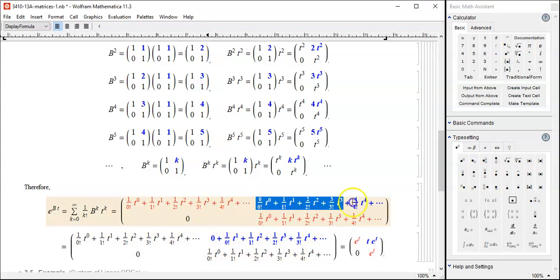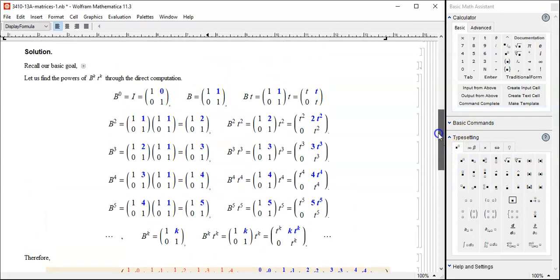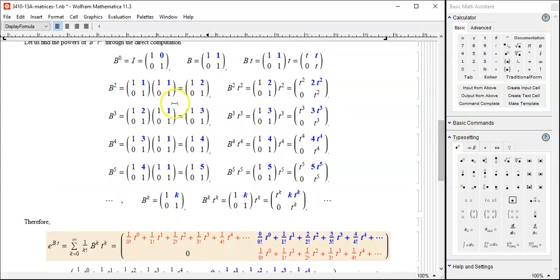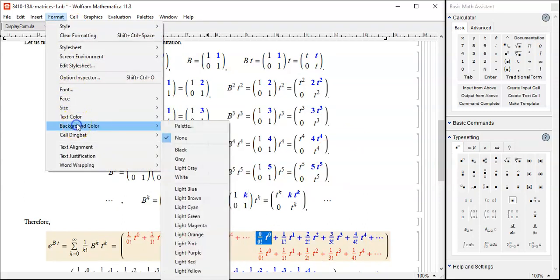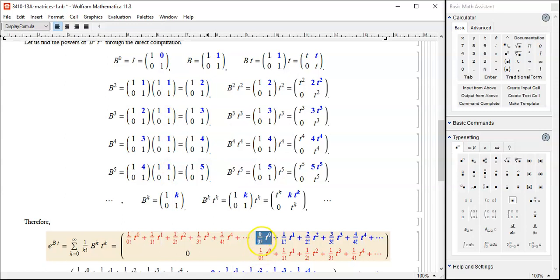Now 1, 2, and 3 here. Oh, that's important. So let's scrutinize this one. First, we begin from 0. Okay, 0 times t to the 0 power, so this part actually drops out. That part is actually 0.